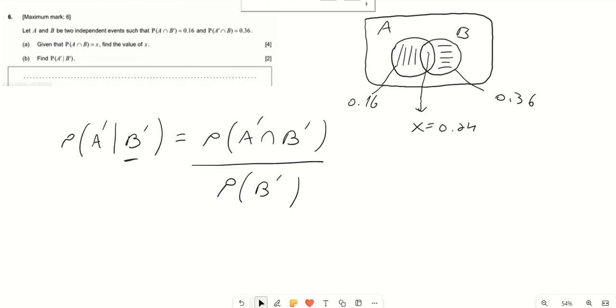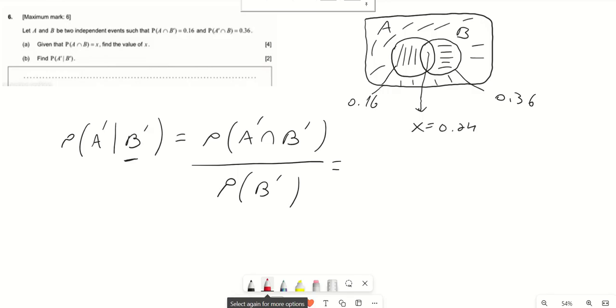So I corrected my drawing here so it will be easier to see. So everything that is not in A is basically all the outside. Maybe it would be better to use some color here.